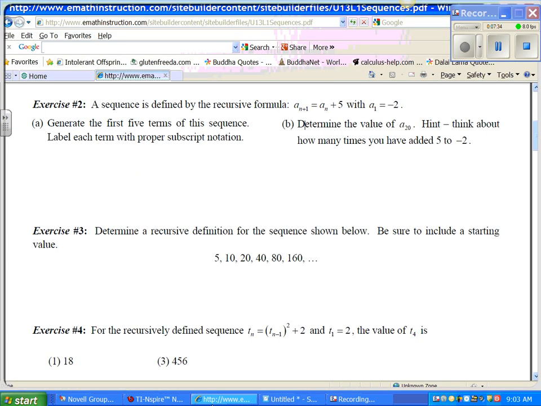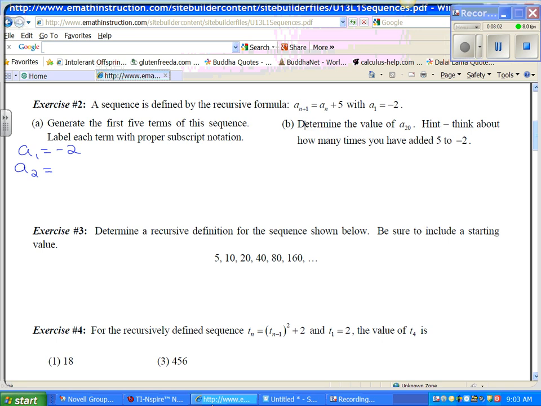So I have a sub n plus 1. What does that mean? The next term is going to equal a sub n, the current term, plus 5, with my starting value at -2. So I know a sub 1 is -2. I want to find the first 5 terms in this sequence. Now I want a sub 2.